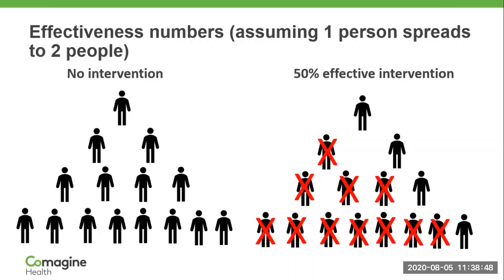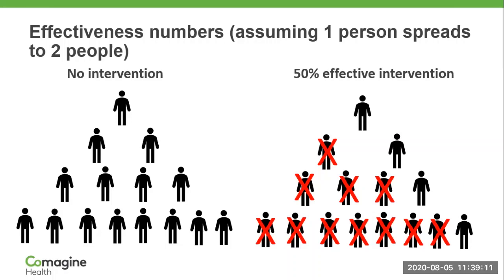So you can see on the left, one person results in a transmission to 14 people. And on the right side, one person results in the transmission to 3 people. So it's a nice visual of what it means to be not 100% effective as an intervention.